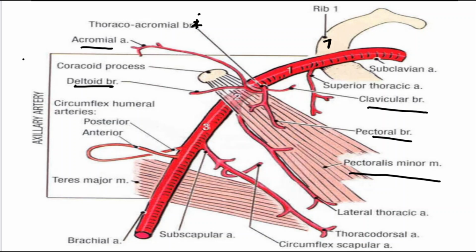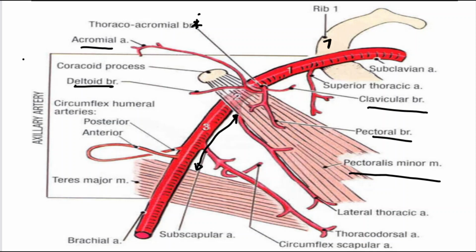The third part of the axillary artery is the part between the inferior border of the pectoralis minor muscle and the superior border of the teres major muscle. So from there to there, that is the third part. The branches of the third part will give you 3 branches.